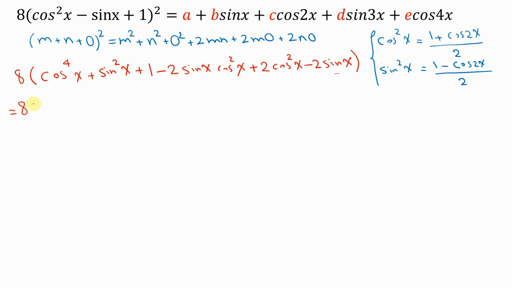Here we have 8 times cosine to the power of 4x. We can rewrite it as cosine squared x all to the power of 2. For this one, sinusoid squared x, I'm going to replace it with this expression, 1 minus cosine of 2x divided by 2.